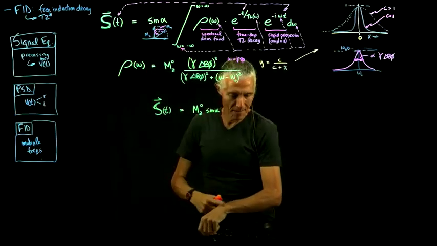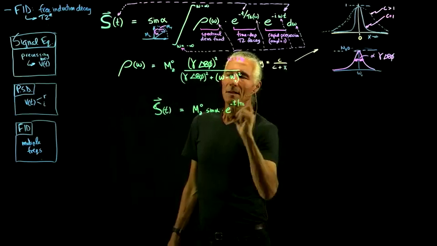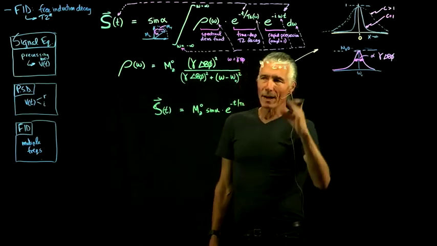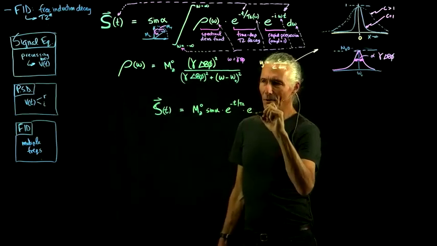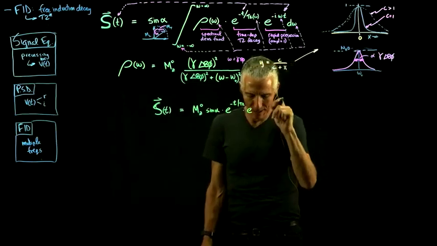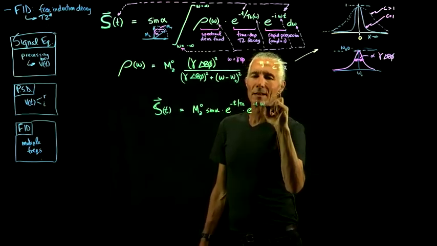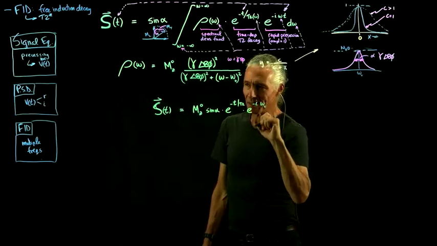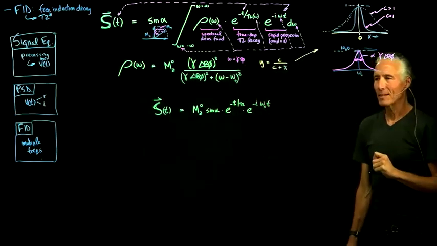And then it will be decayed by however long we are out on the T2 decay curve, and then to figure out the instantaneous angle, we'll have this minus i, whatever frequency we're considering, times t.